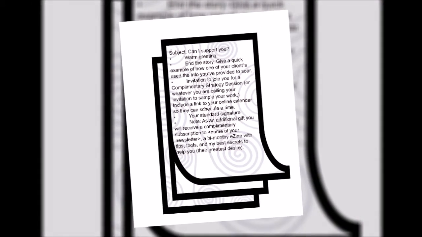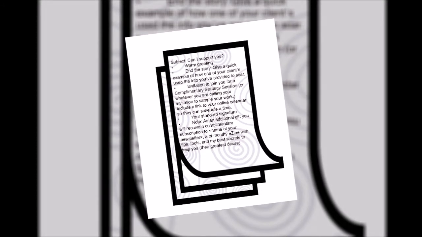On day 12, you'll send the final email, and this is the end of the story. It wraps it up for now. You'll give a quick example of how you solved a pain for one of your clients, how they've used the info to really soar into the solutions they're looking for.